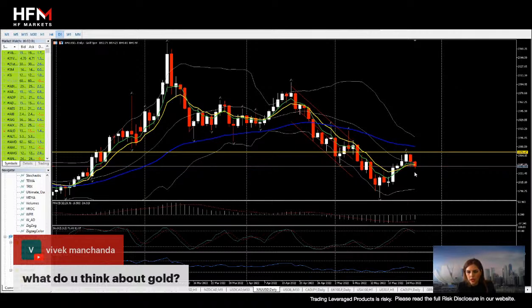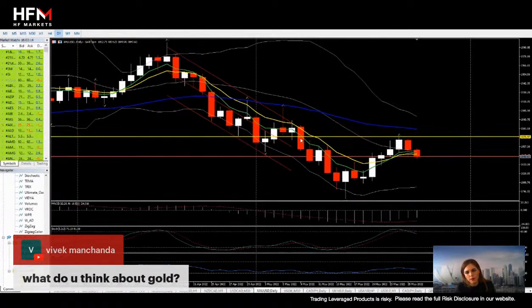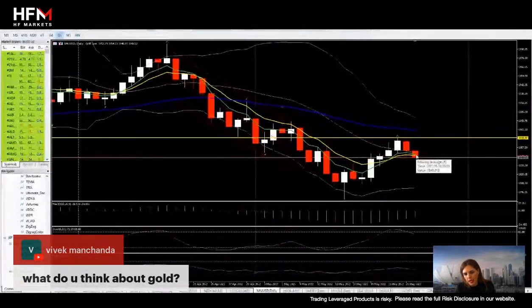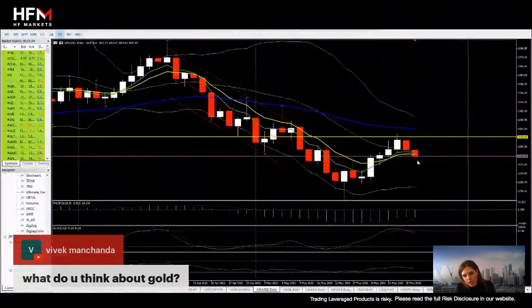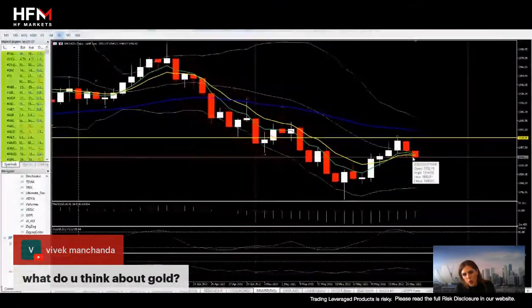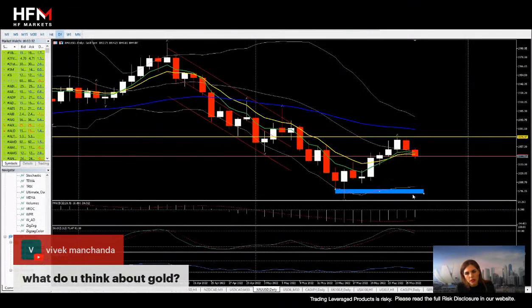Sorry. And the next, let me zoom in a bit. So support for gold, if it confirms today the extension below yesterday's low, if today we have a new lower low, then the support area is pretty much down to over here at 1800s or even below that for gold.